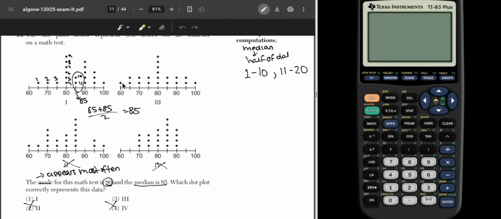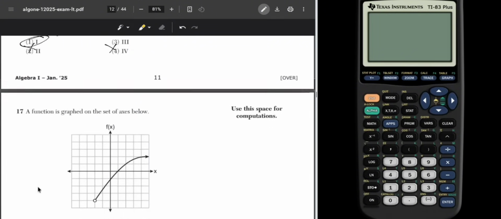Graph number 3, this is 1, 2, 3, 4, 5, 6, 7, 8, 9, 10, 11, 12, 13. So 10 and 11 are 80. So 80 plus 80 divided by 2 is going to give me 80. That is not my median, so I know it's going to be answer choice number 1, graph 1.